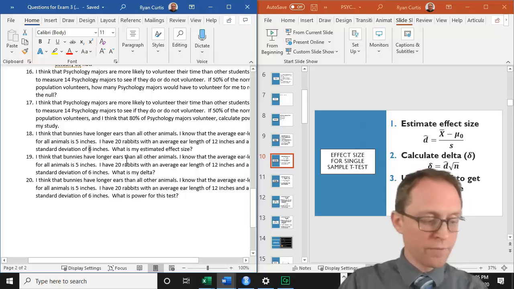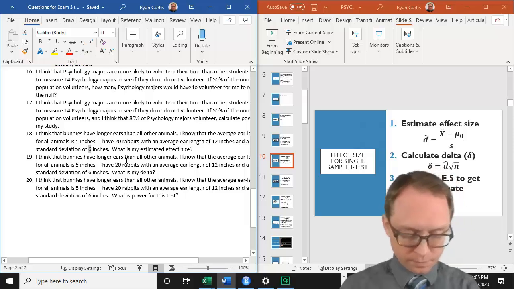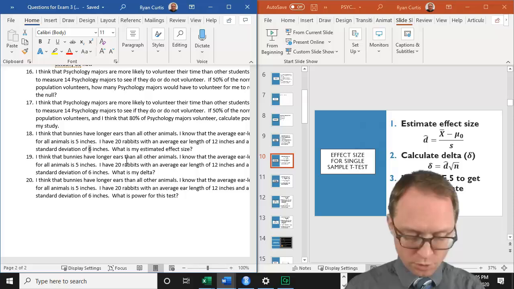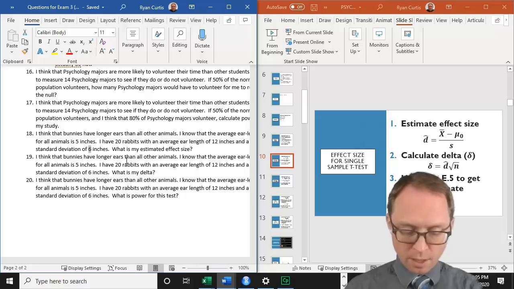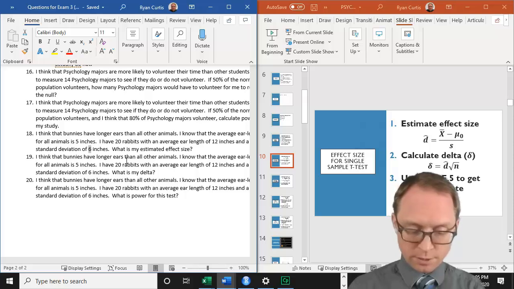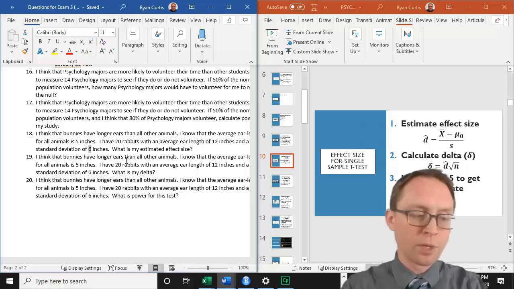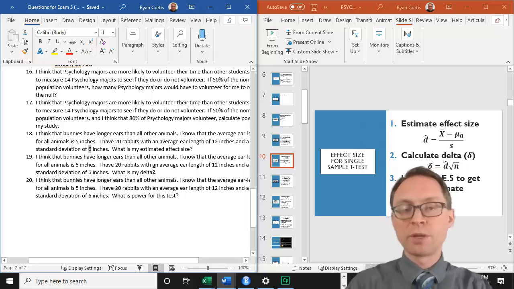So the square root of 20 is 4.47, times our effect size, which is 1.1666 repeating. We're going to get 5.2174. So 5.22 is going to be our delta.